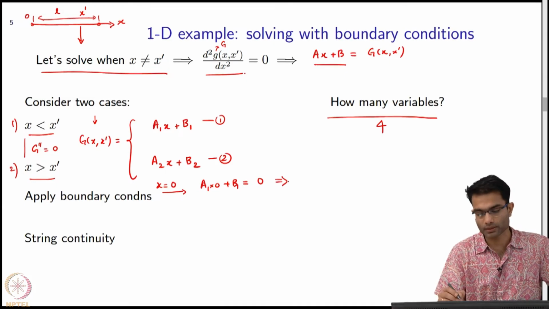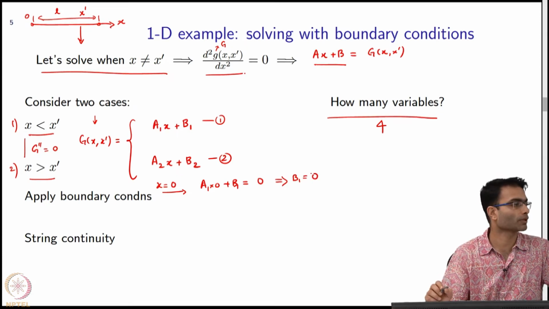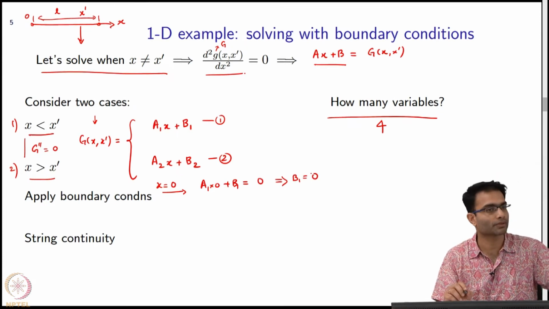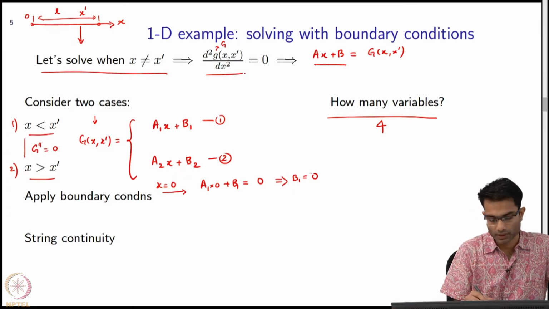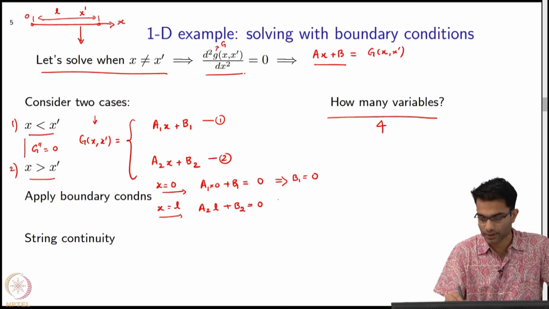So, that tells me that B1 is 0, I can't say anything about A1, right, A1 into 0 is 0. Right. Next condition happens at x is equal to L, right. So, here I will say that A2L plus B2 is equal to 0, right. So, I can say that B2 is equal to minus A2L.